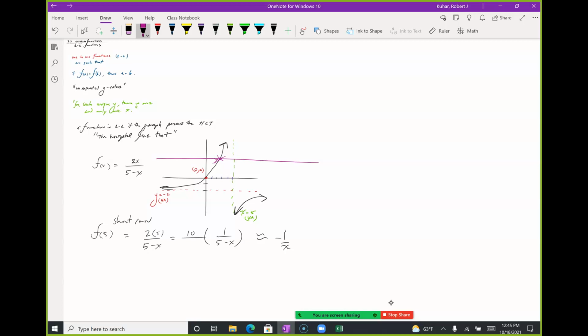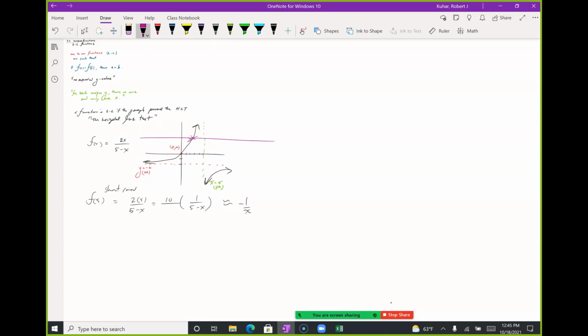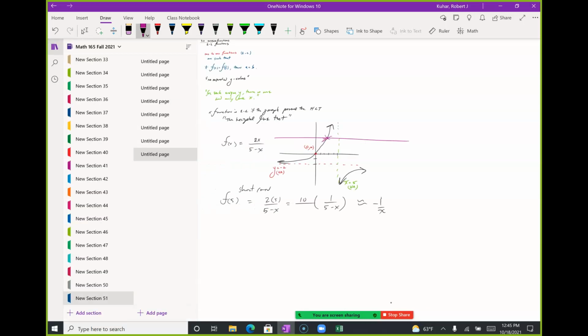It was just undoing the whole process and giving me back what I started with. So when I compose functions together that are inverses, I should get back what I started with, which is x. Okay. So I'll put a little bit more detail in that in a second.